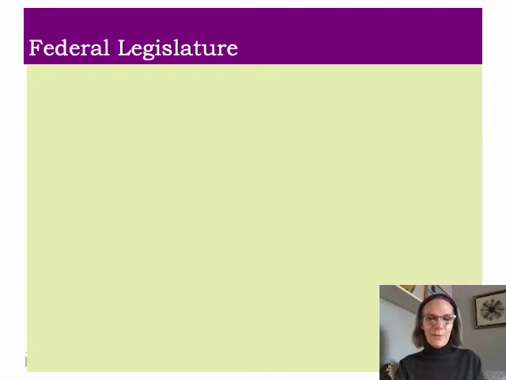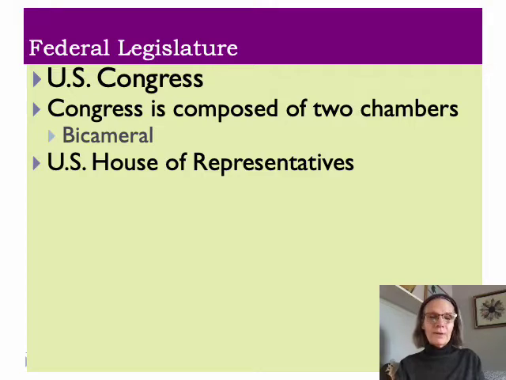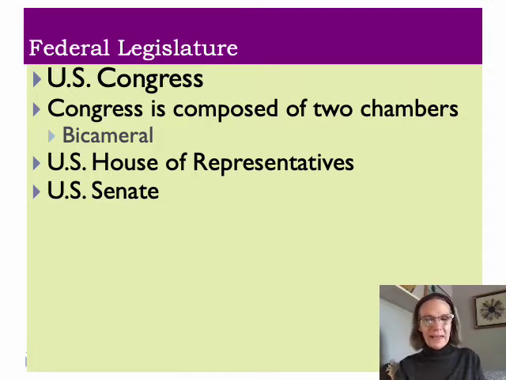So the lawmaking branch for the United States government is known as the United States Congress. And as we know from learning about the Constitution and the compromises that took place at the Constitutional Convention, the Congress is composed of two chambers. It is a bicameral institution. And the two chambers are the United States House of Representatives and the United States Senate. Remember, this was the product of a compromise.